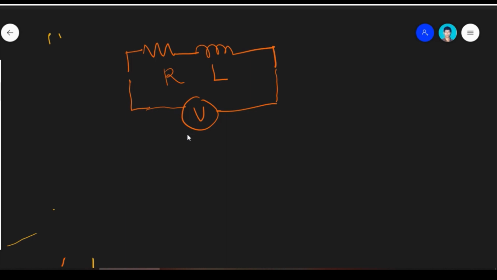Then we can draw the phasor diagram for that circuit. However, let us consider that this R and L are only linear, but they are not time invariant.